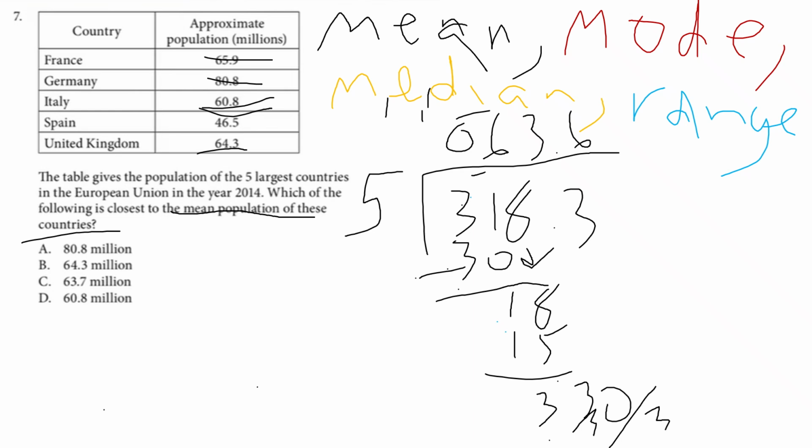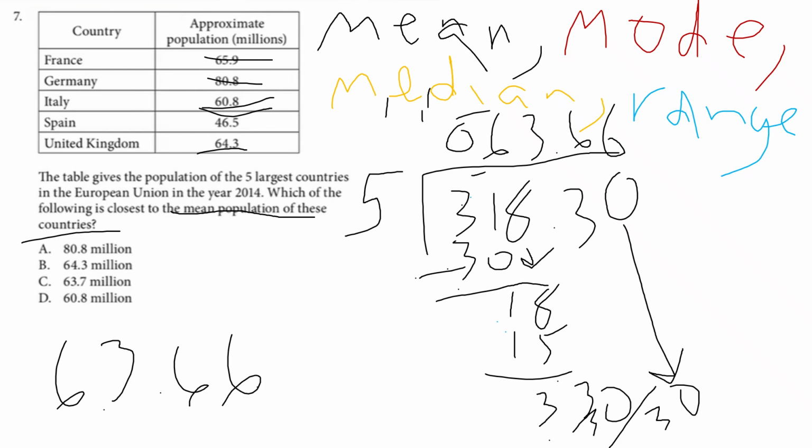So what's going to happen is we're going to keep getting a 3 because we can add a 0, bring that down, and 5 goes into 30. Well, it looks like we're not going to get, but that ends up being 63.67 million. And if you round up, it's going to be 63.7. So the answer is C, not D. It's C.